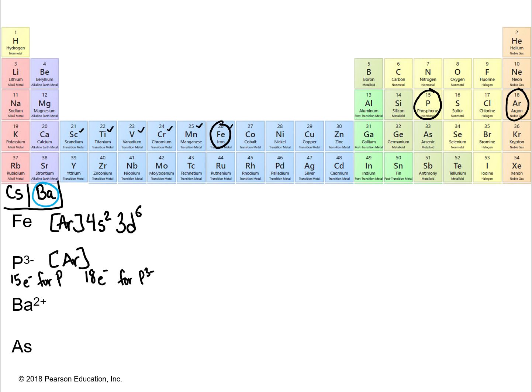When it loses 2 electrons, it becomes the barium ion, Ba2+. So it's going to look like the noble gas that came before it. So you look at the period before barium. Barium's period 6. We need to look at period 5. So that's xenon. Yes, what's your question?